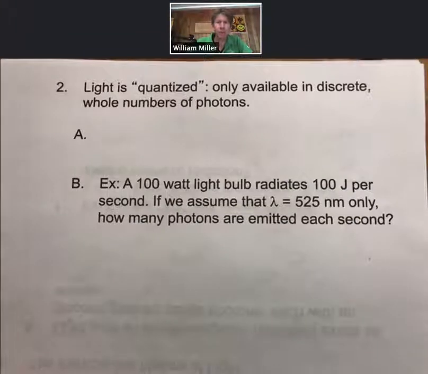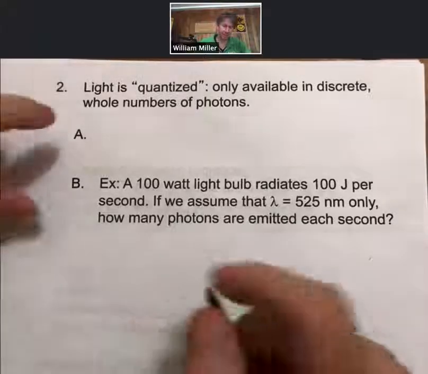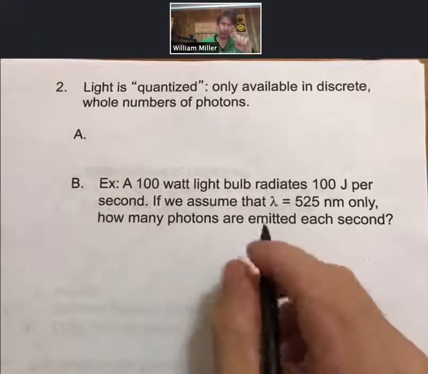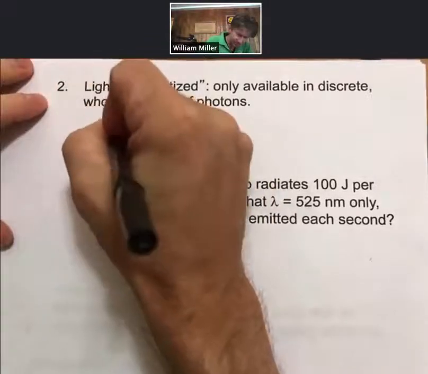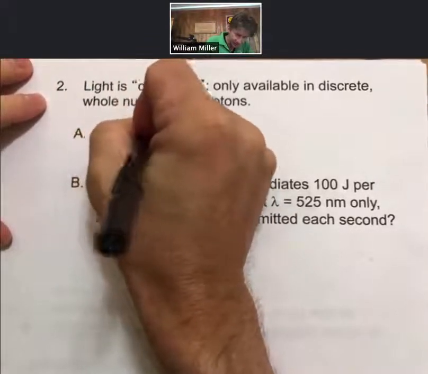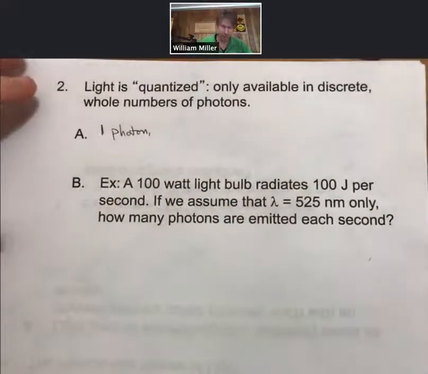Now, we've talked about photons, and we want to emphasize the quantum or quantized nature of photons. So light is quantized. It is only available in discrete whole numbers of photons. For example, you can have one photon. You can have 2 photons.